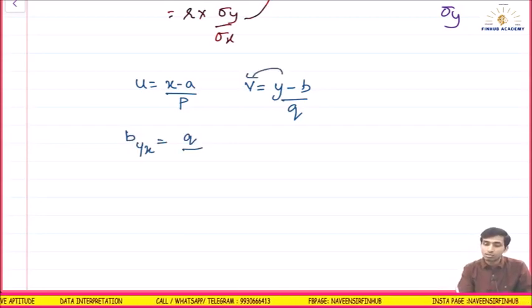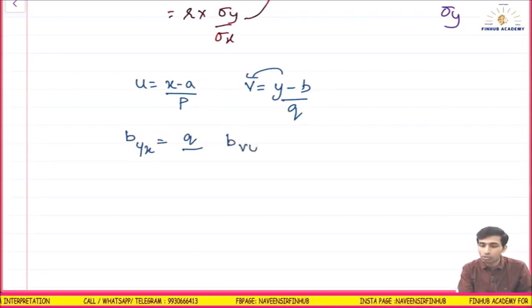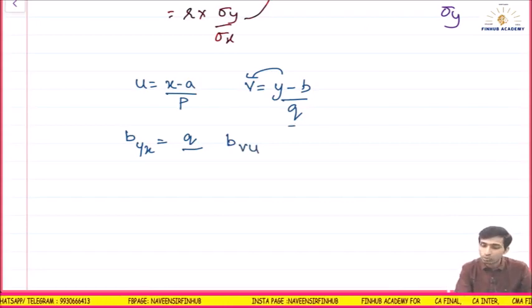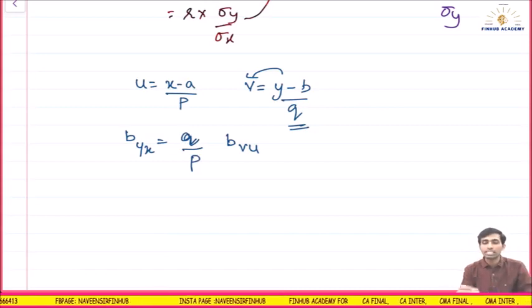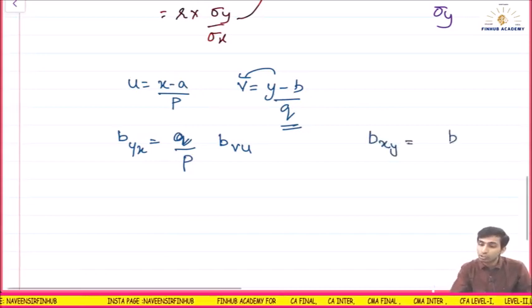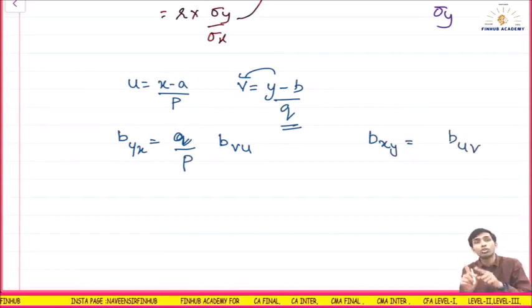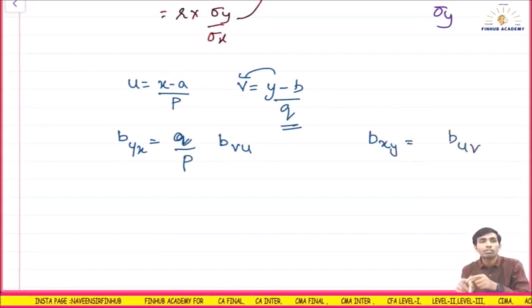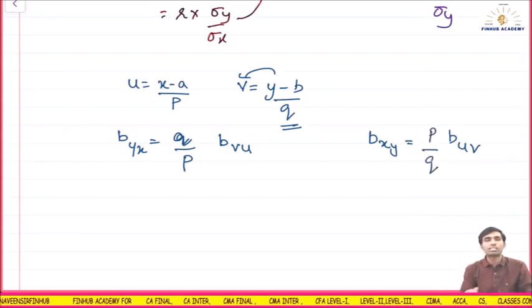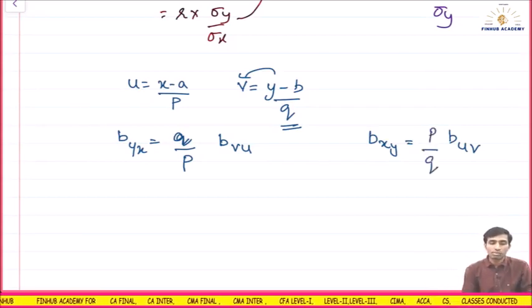See how to write it easily: b y on x is equal to b v u. So y comes first, and with y, q is related, so it comes in the numerator, upon p. Easy. Same with b x on y, which is b u v, because x is related to u and y is related to v. Here with x p is related, with y q is related, so p upon q. This will be the equation. Understood?